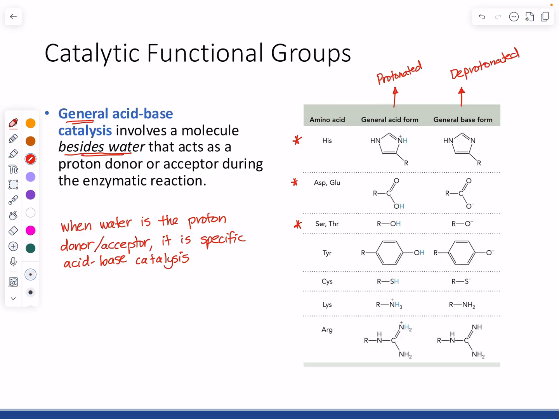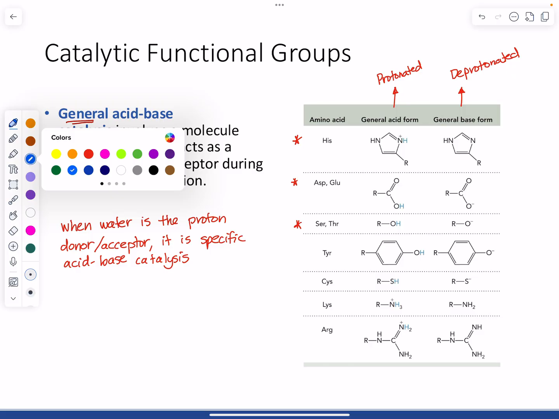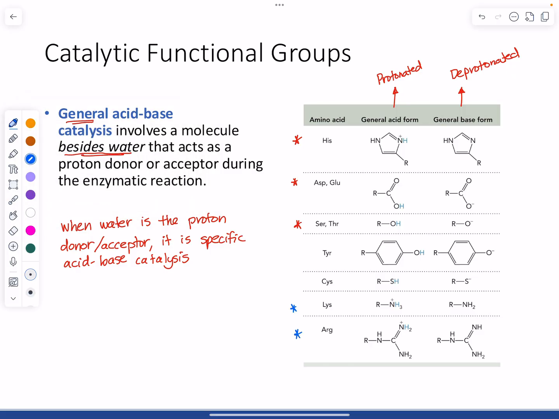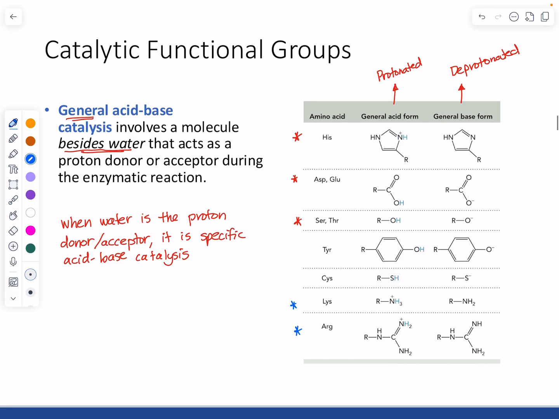So those are the ones that are most frequently acids, and then lysine and arginine tend to be the bases that are more frequently used, because of their higher pKa's. But remember, the pKa can change in the active site.